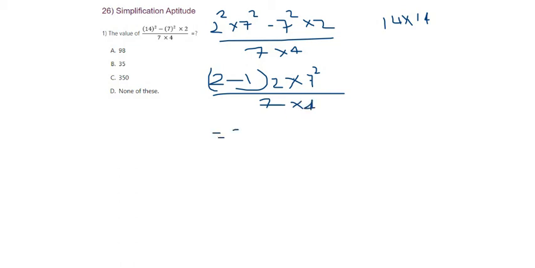So this way you can simplify and go on, which is 2 into 7 square by 7 into 2 square, which is nothing but 7 by 2. 7 by 2 is a fraction, so your answer is none of these.